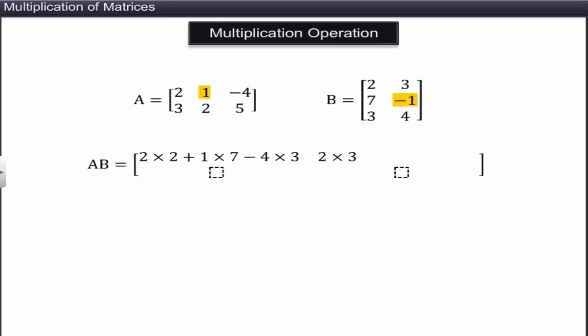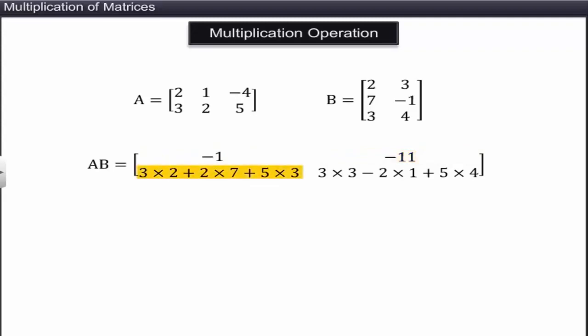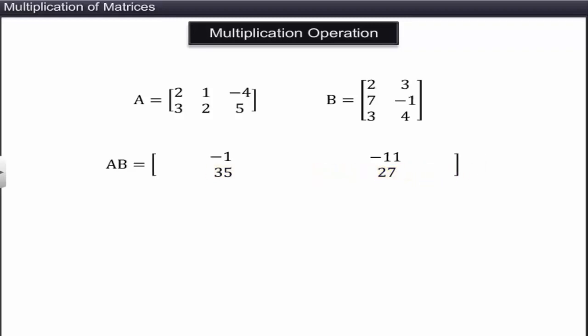Similarly, we multiply all the rows of A with all the columns of B. We get the resulting matrix as shown.